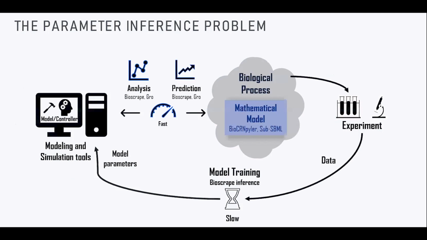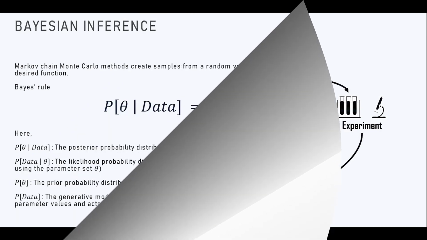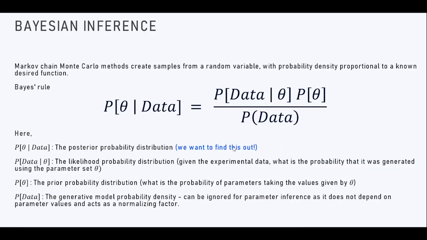So instead of saying that you want to find out exact model parameter values given the data, what I'm saying now is that our goal is to find out the probability distribution for the model parameters given the experimental data. And that's what we can formulate using Bayes' rule.